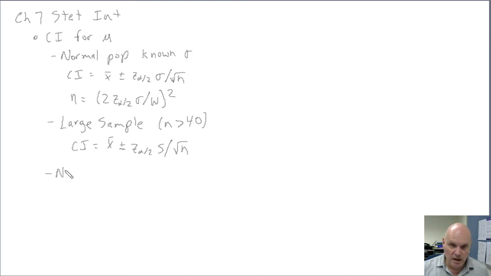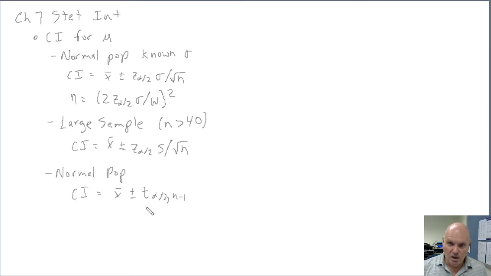And then we looked at the normal population. The normal population, again, is a very special case because then we can do it exactly, there's no rule of thumb necessary, but it did require us to talk about a new distribution, the t distribution, and the confidence interval is now given by x bar plus or minus t alpha over 2, n minus 1.